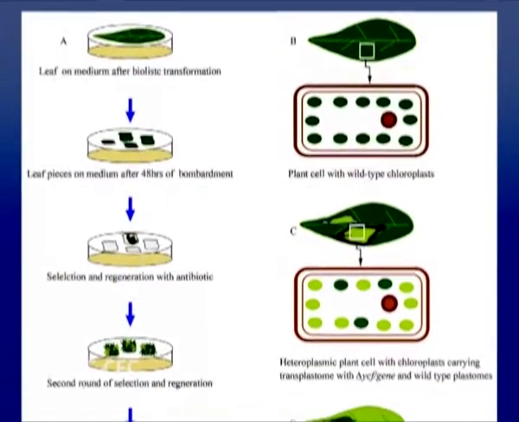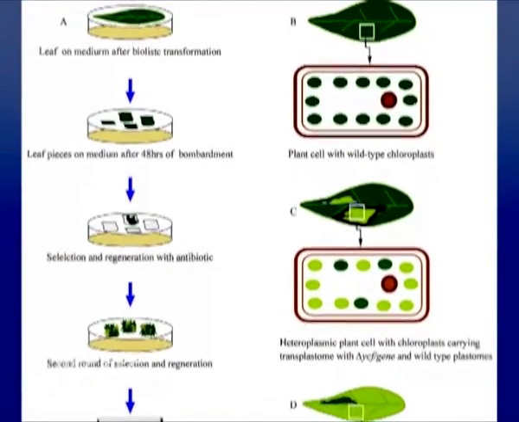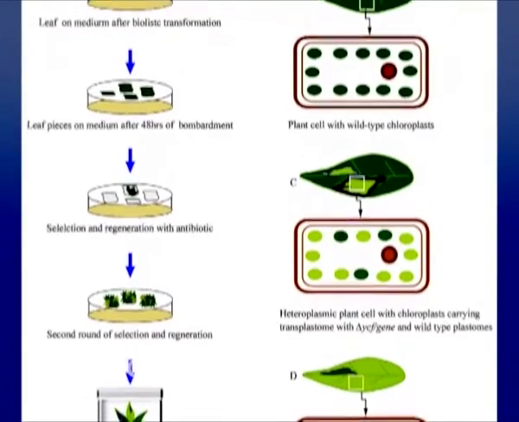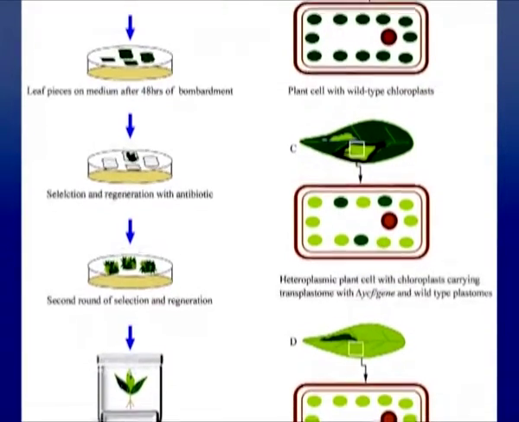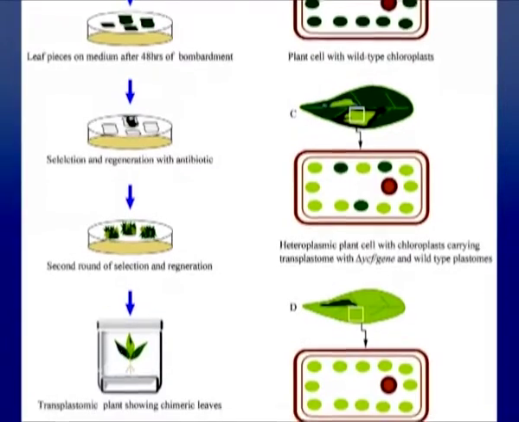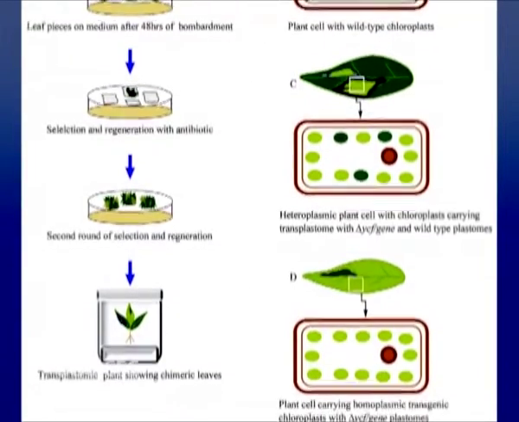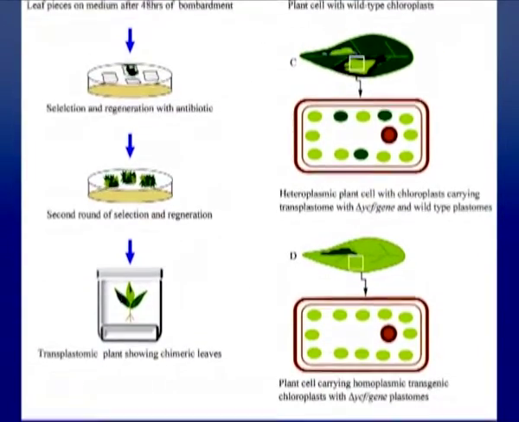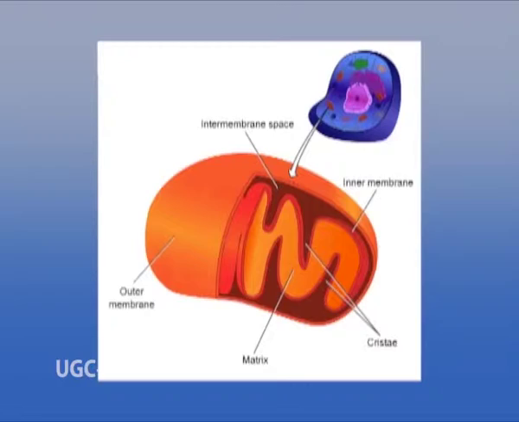Presently, particle bombardment is the most efficient method to achieve organelle transformation. For example, plastid transformation, and it is the only method so far used to achieve mitochondrial transformation too.